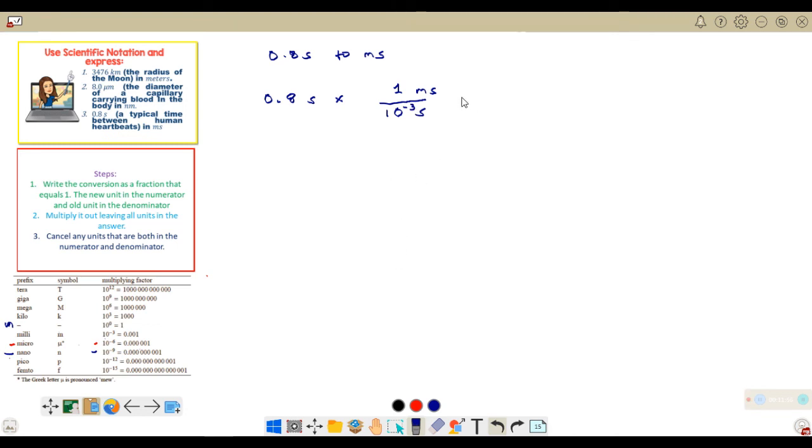So let's solve. This is second. So tanggal na siya. We will be left with 0.8 milliseconds. So tanggal na rin si 1. For the denominator, we have 10 raised to the power of negative 3. Now, what do we know?